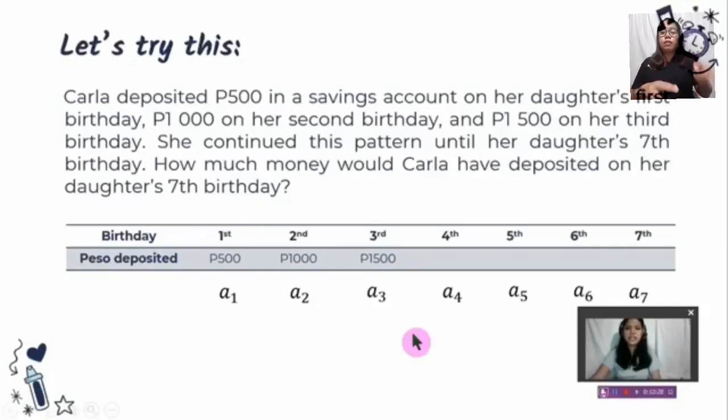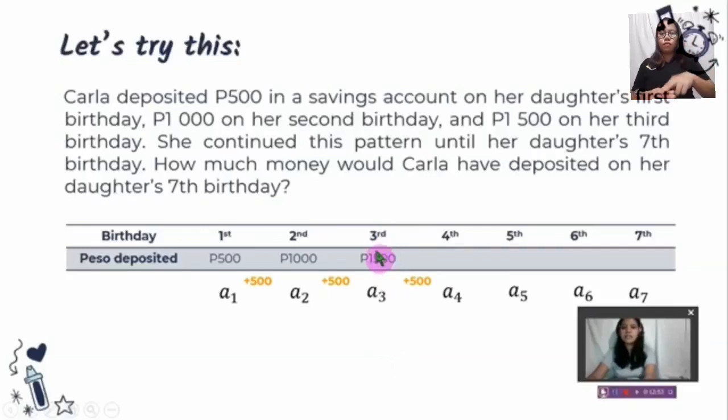Ano yung ina-add na number para makuha yung sunod na term? Nag-a-add ng 500. So, 500 plus 500, that is 1,000. Sunod, 1,000 plus 500, that is 1,500. So, paano natin makukuha ang sunod? Kailangan lang din mag-add ng 500.